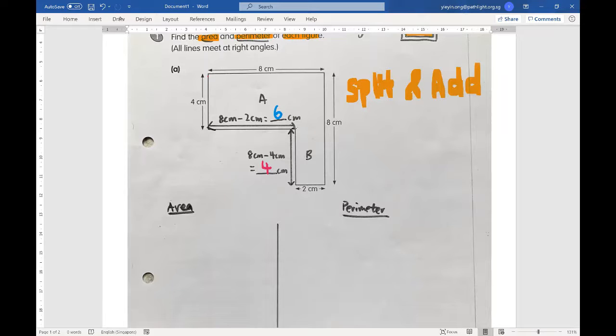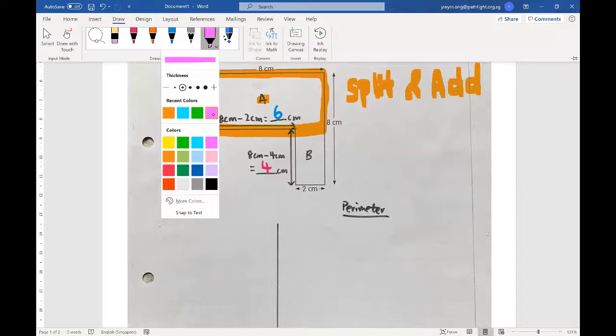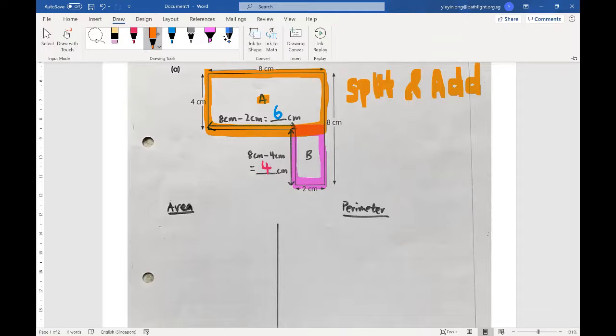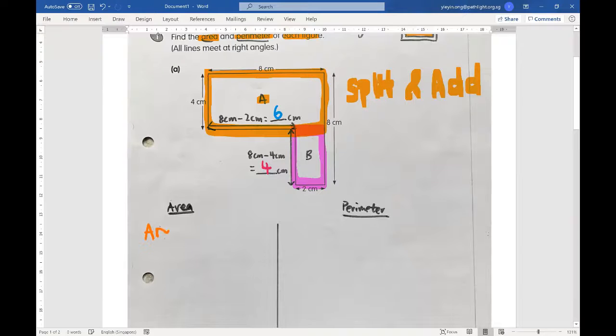So we are going to split this composite figure into rectangle A and rectangle B. We're going to find the area of rectangle A first.